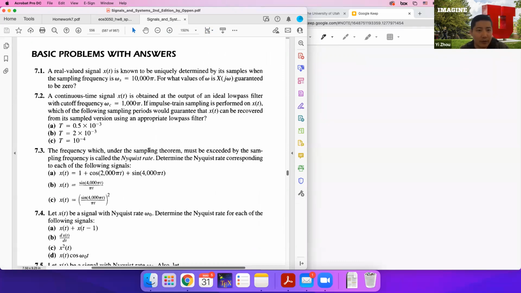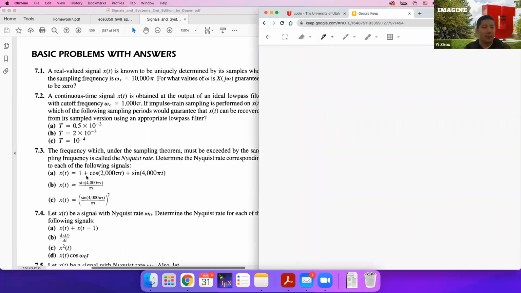Determine the Nyquist rate corresponding to each of the following signals. The first one is pretty simple. It's a sinusoidal signal, so you can plot the spectrum. It's 1 plus 2 sinusoidal signals.